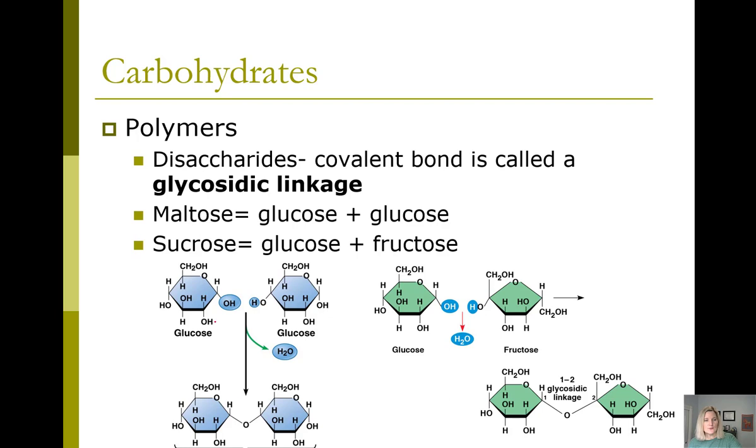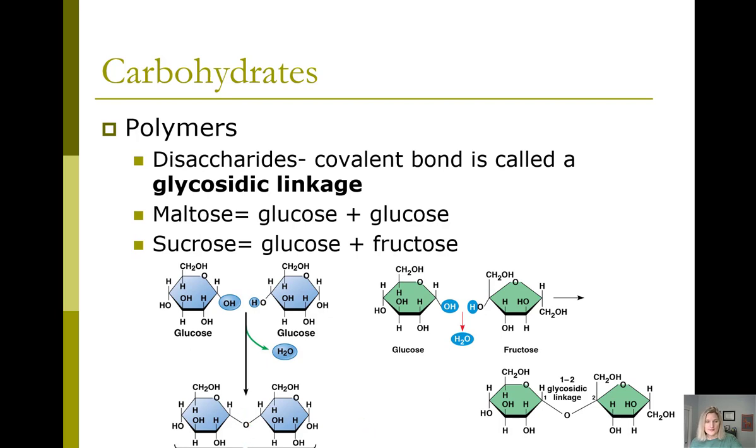And basically, when we bring together 2 monosaccharides, we get a disaccharide. Hey, that's really easy to remember because di means two. So two sugars together. So we have a dehydration synthesis reaction occurring between two glucose molecules here, two monomers. Remove that water and then you bring them together and we end up with a disaccharide.